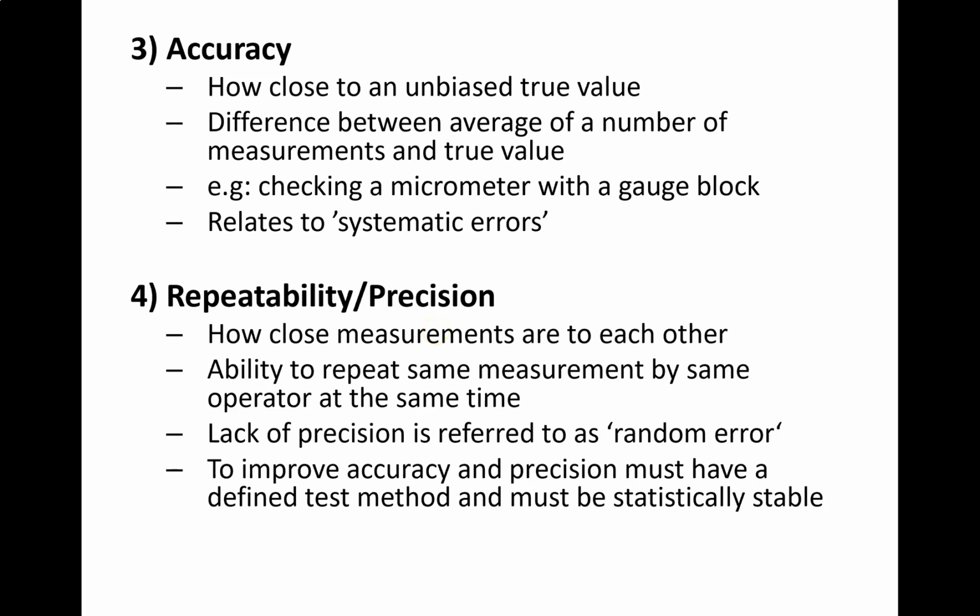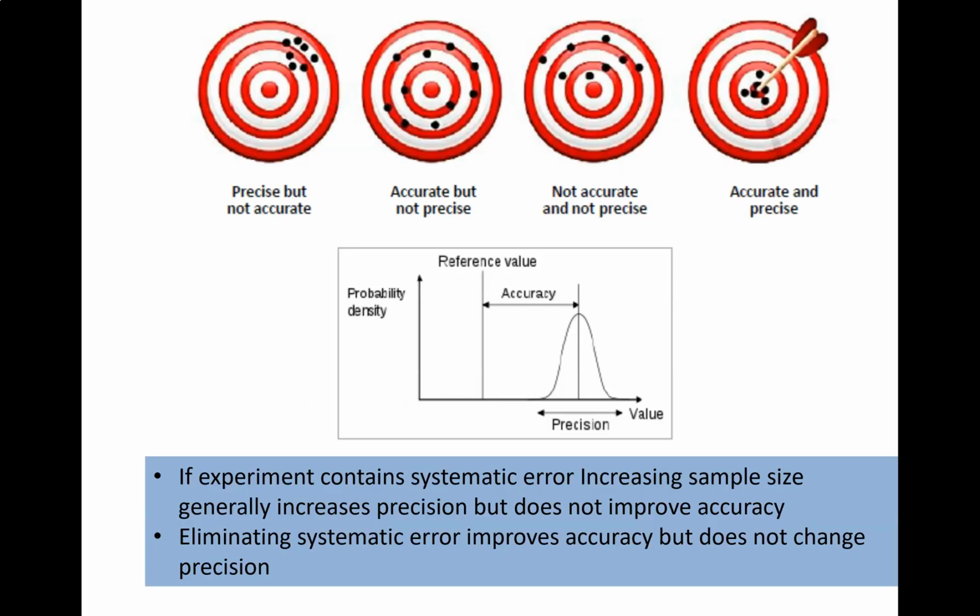And precision is how close the measurements are to each other, and the ability to repeat the same measurement by the same operator at the same time. Lack of precision is referred to as random error. And to improve the accuracy and precision, we must have a defined test method and it must be statistically stable. So this is what it means by precise but not accurate.